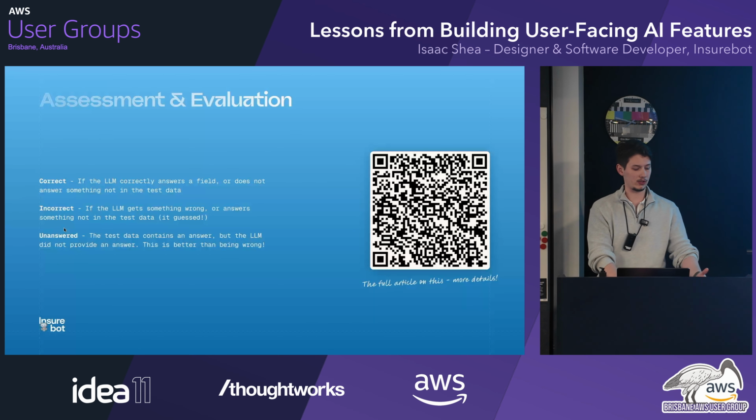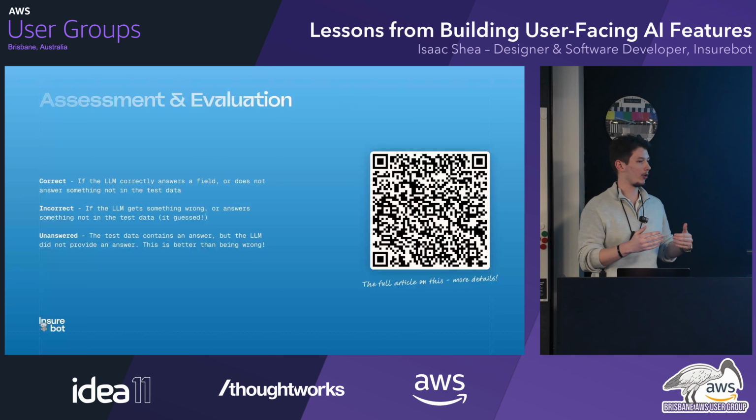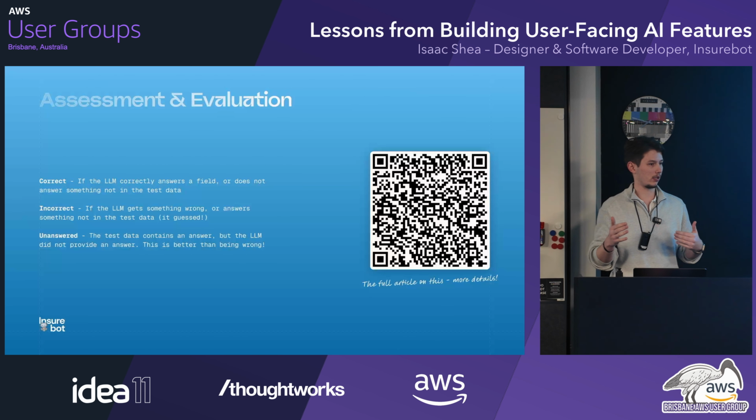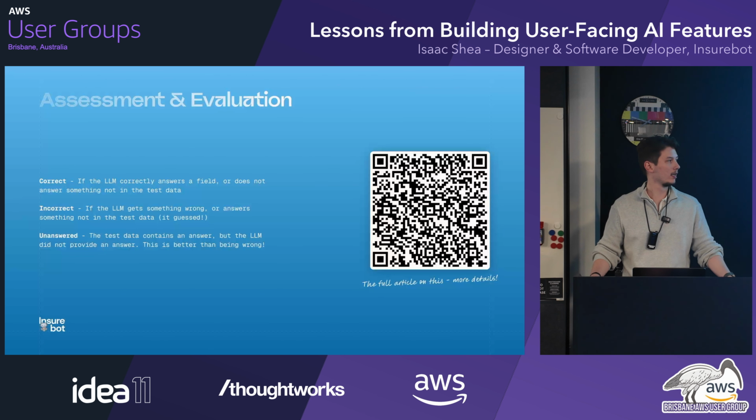Because when you're writing systems like this, if you optimize for the most correctness, you implicitly encourage the system to make guesses. It's like a multi-choice quiz question: if you don't know the answer, just pick one of them. You're bound to get something, you've got a 1 in 4 chance or something. The problem with this is we're dealing with financial data, which you don't want to be guessing.